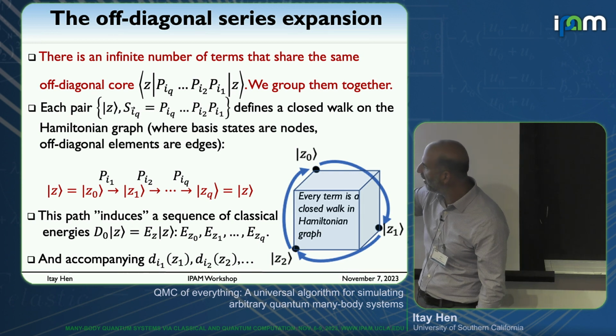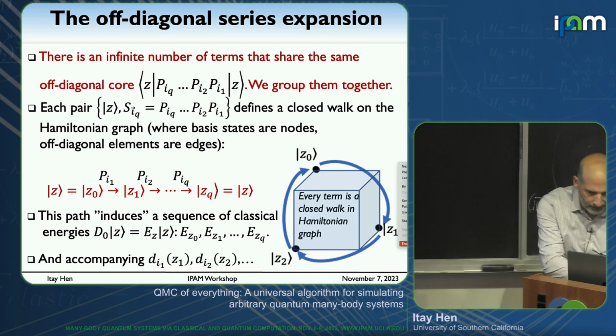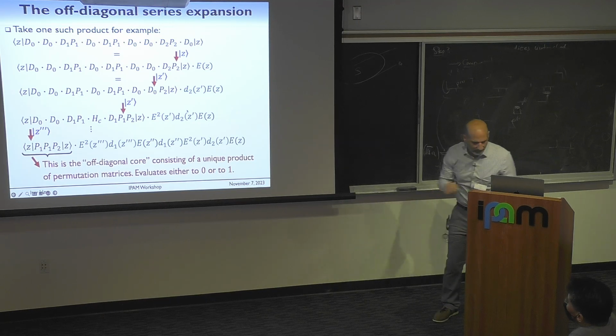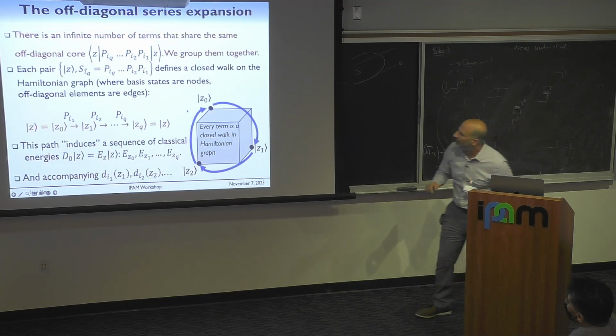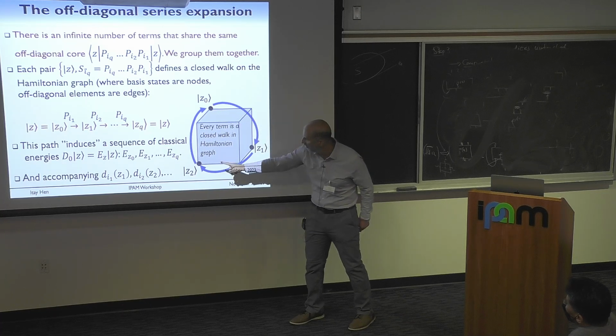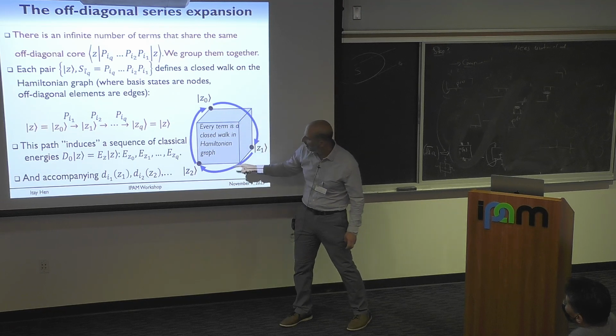The energies that you saw in the previous slide are diagonal energies. So they are the diagonal energies of the z's that you were visiting. And the other d's actually come from the p's.